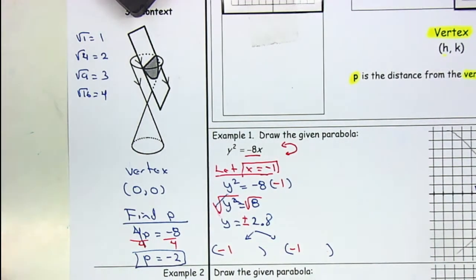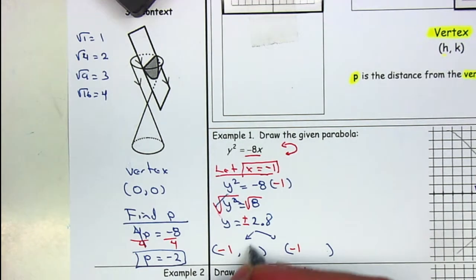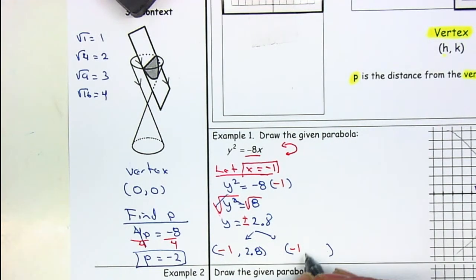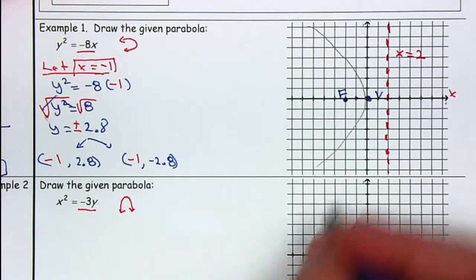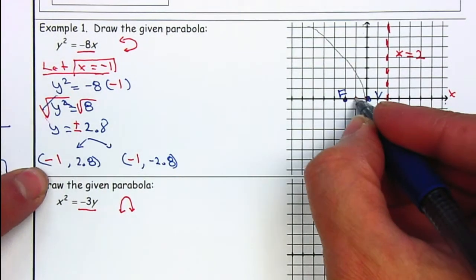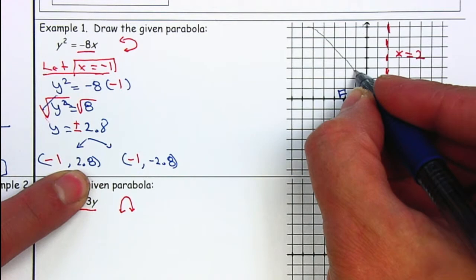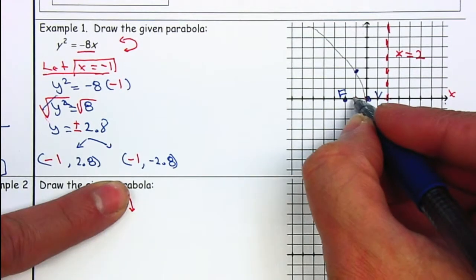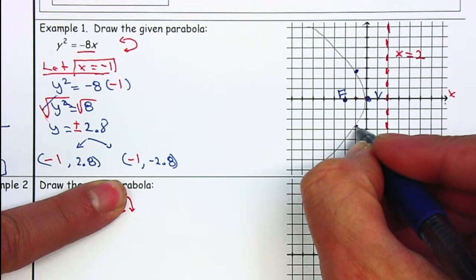The corresponding y value, one of them will be positive 2.8. The other one will be negative 2.8. And I'm going to go and plot both points: negative 1 and 2.8, and negative 1 and negative 2.8.